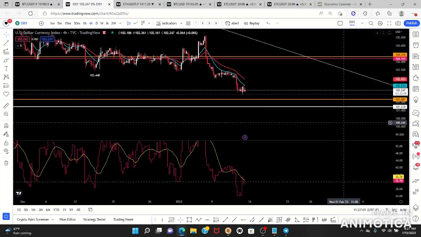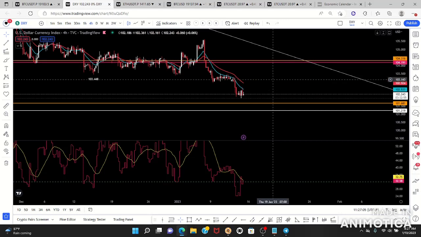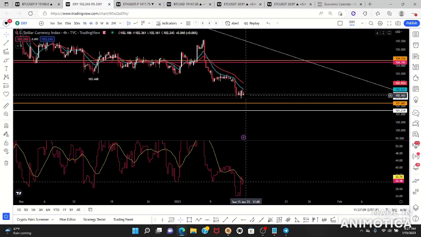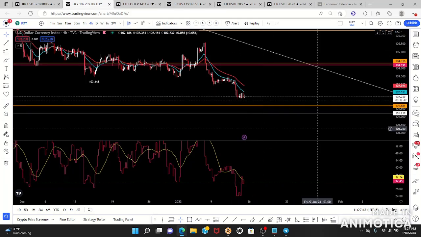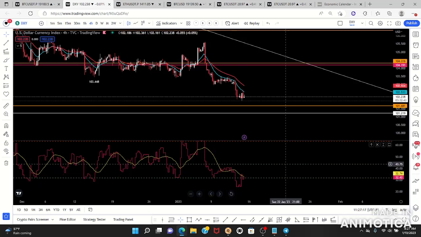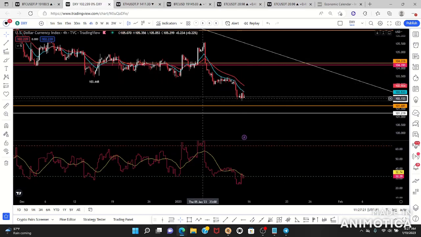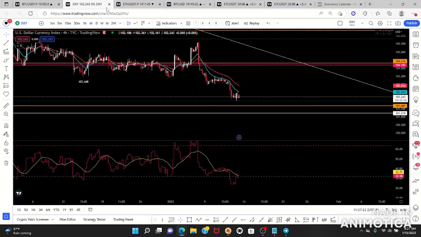See here in the 4 hour, doesn't that look like a cute H? So usually after an H movement, we have an upside movement. And any divergence I'm trying to see. Okay.